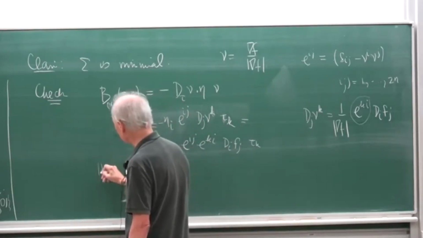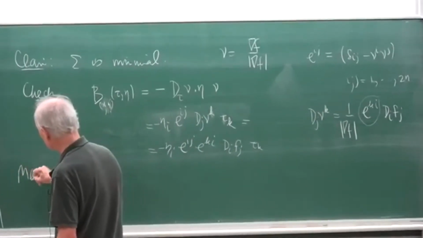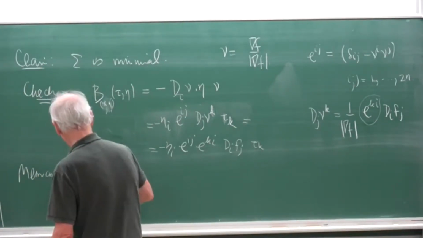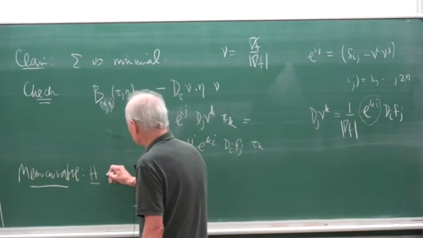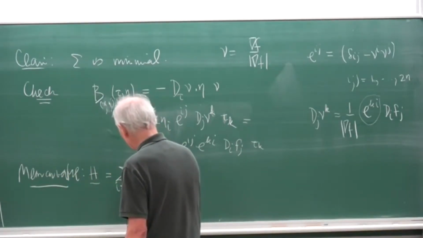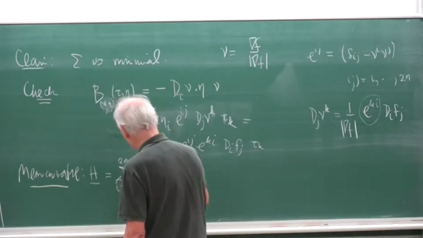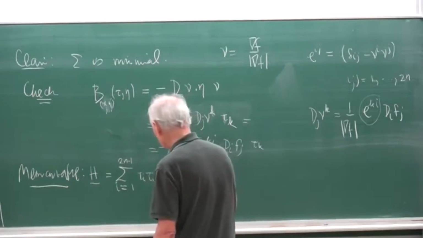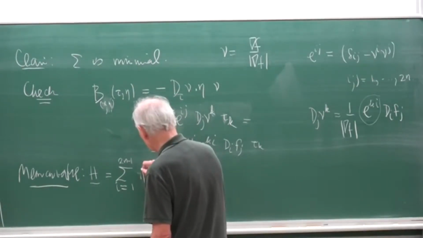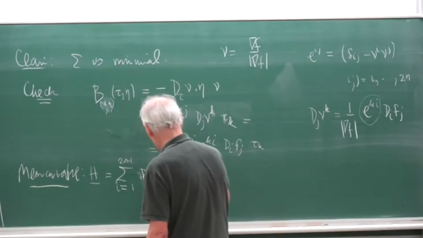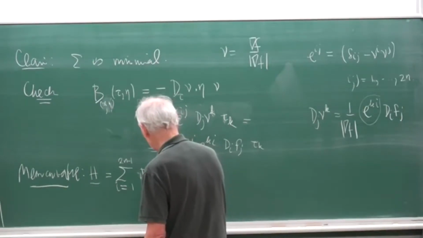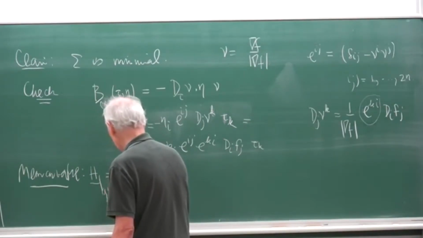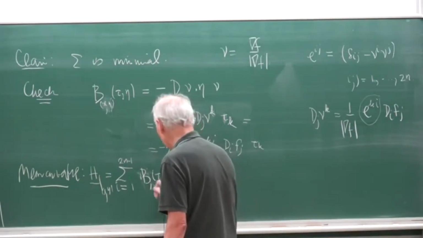And we're interested in the trace of this, so the mean curvature is h, which is the sum from i equals 1 up to 2n minus 1 of tau_i b tau_i rather, and this is h at a point x, y, and this is the second fundamental form at the point x, y.